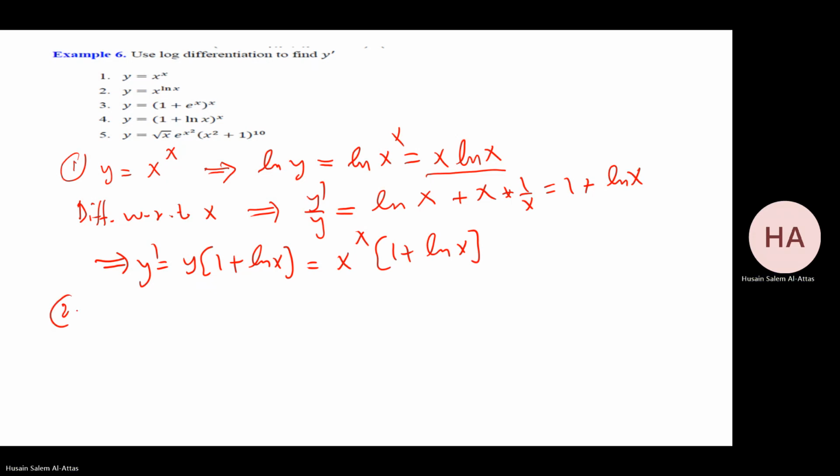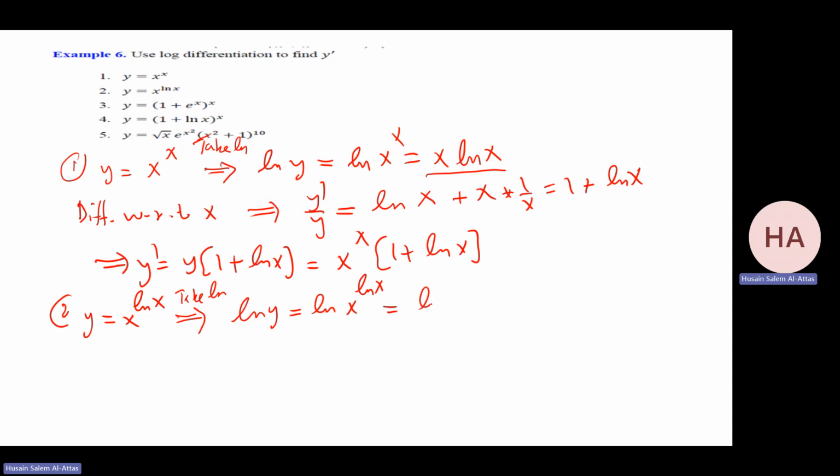Number 2: y equals x to the power ln x. Take ln of both sides. So I have ln y equals ln of x to the power ln x, which is ln x times ln x. Now differentiate with respect to x.